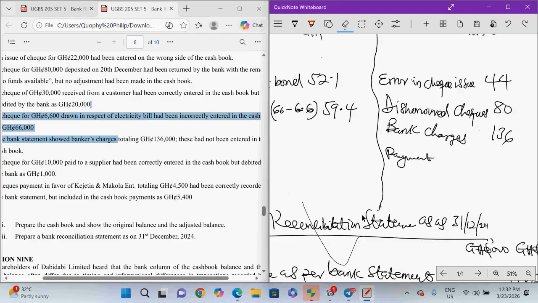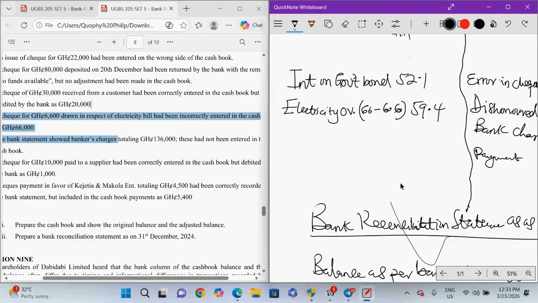Okay, so you see included in the cash book, they included it as 5,400 rather. The amount is supposed to be 4,500, but they recorded 5,400. So this is the error that they did. How do we correct this error? I think we record it at the opposite side, right? Yes, we record it at the opposite side. So we record what amount? The difference. Error corrected.